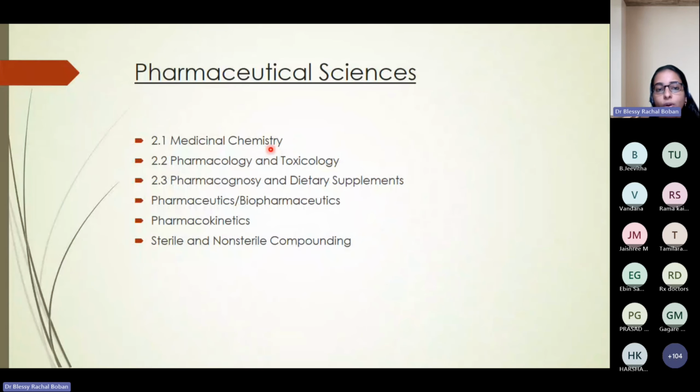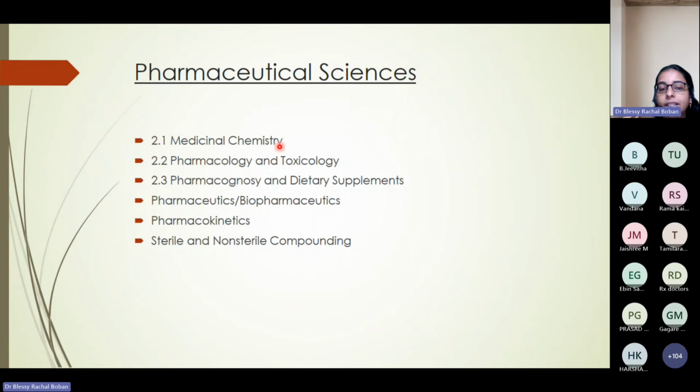In the options they may give ibuprofen, naproxen, and different medications. If you know the most widely used action of mefenamic acid, you can easily score that question, even if you are not too thorough with the structure. And one more thing related to medicinal chemistry structures: like CCB, you might know calcium channel blockers are used as antihypertensives.